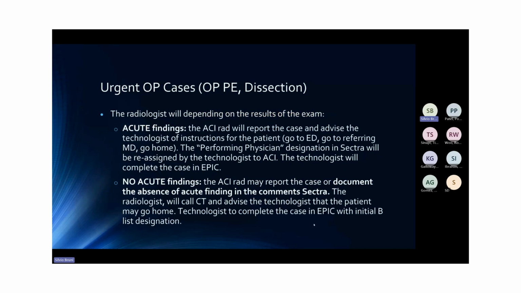And this again just describes those same things pretty much as we are currently doing them, with the notable exception that if the case does have acute findings, it will now be reset to ACI from the initial B list designation.